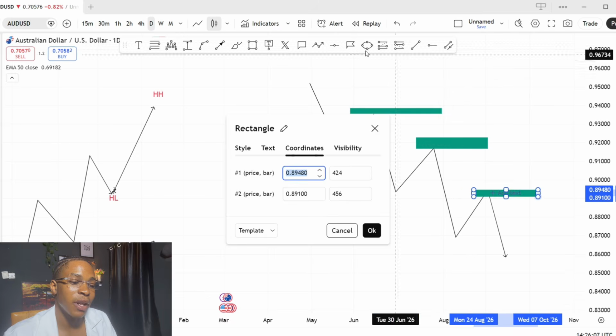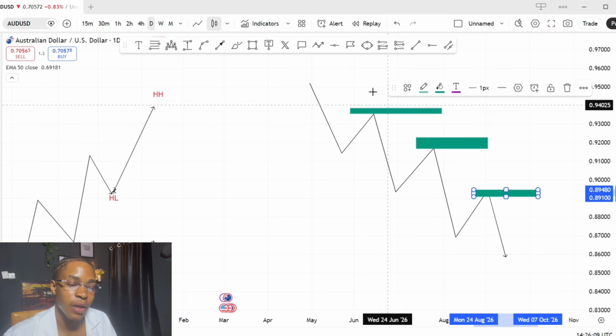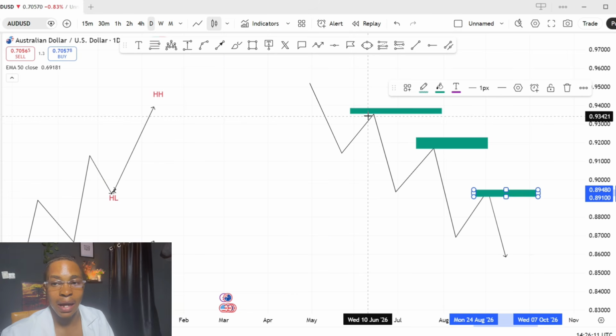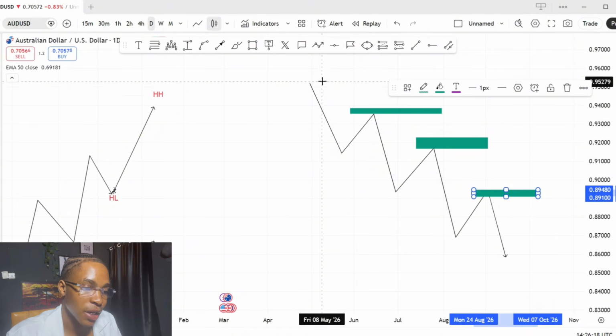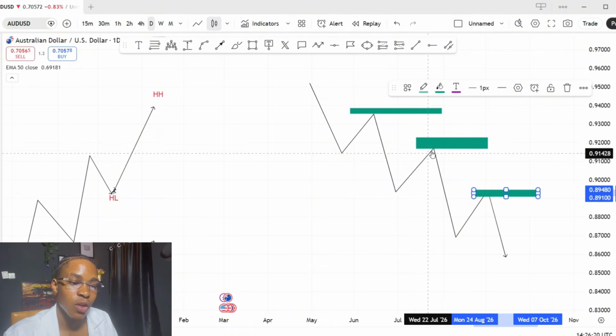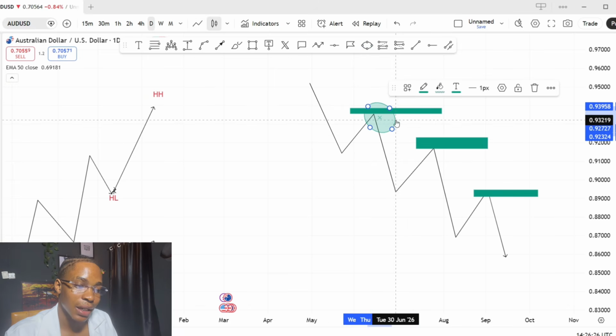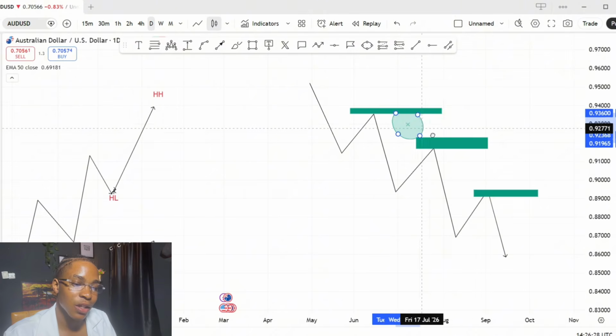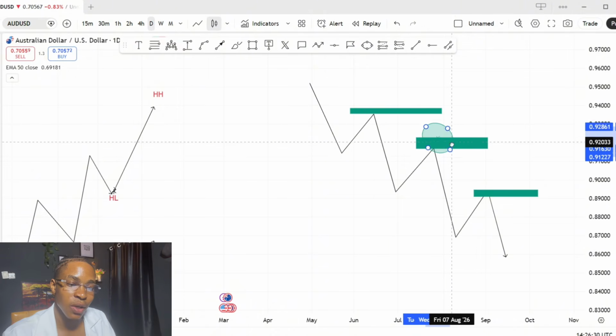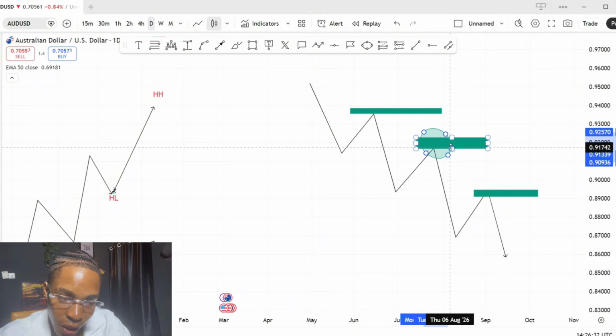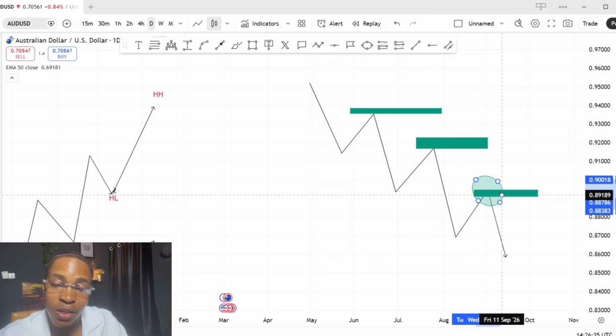So the levels I've marked up so far are what we call lower highs in the forex market. A lower high is basically a high that is lower than the previous high. You can clearly see that this one is a high, but it is lower than this one, so it is also a lower high. And this one is lower than this one, so it is the current lower high.